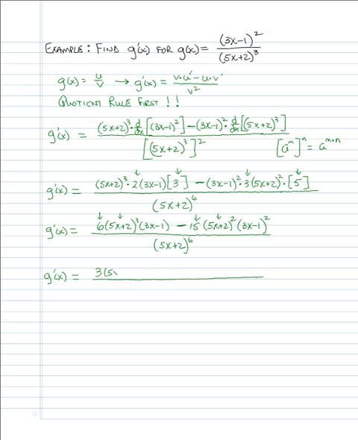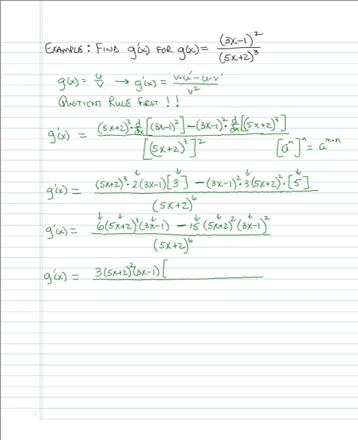So 5x plus 2 is a common factor. But you factor out the lowest exponent, and the lowest exponent is a 2. And then I see I have a 3x minus 1 here and a 3x minus 1 here. So 3x minus 1 is a common factor. But the lowest exponent here is in the first one because we don't see an exponent, we know it's 1, so the exponent 1 is the lowest exponent.